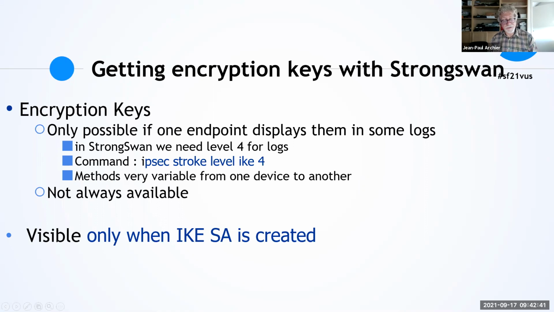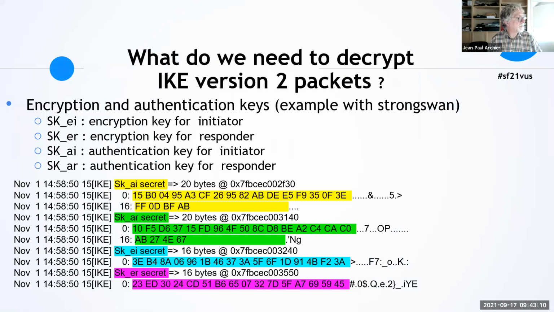And if I begin from the very first exchanges with the log at level 4, I'm able to see these keys. So it's only at the creation of the IKE SA that these keys are recorded in the log. I will show you how it appears in the logs.